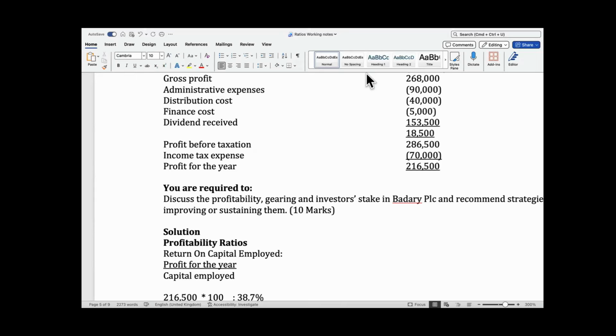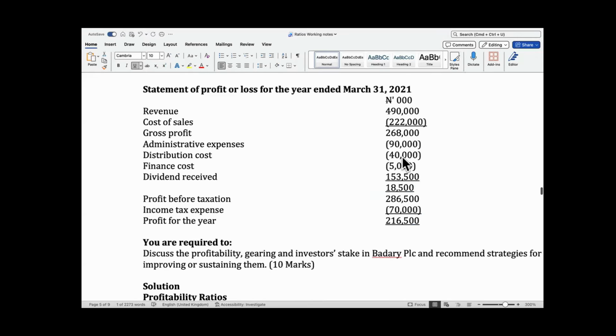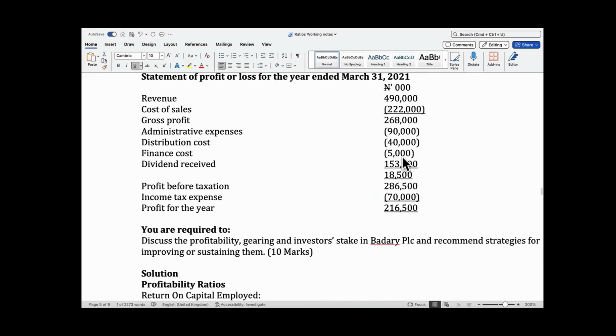That is when the capital employed can be equity plus debt. That therefore means that if the examiner tells you in a question that you should use your capital employed as equity plus debt, you have to work out your profit from operations, because you can only use profit from operations. In this case, I'll be forced to work it out. If I want to get my profit from operations, all I need is this 286,500.